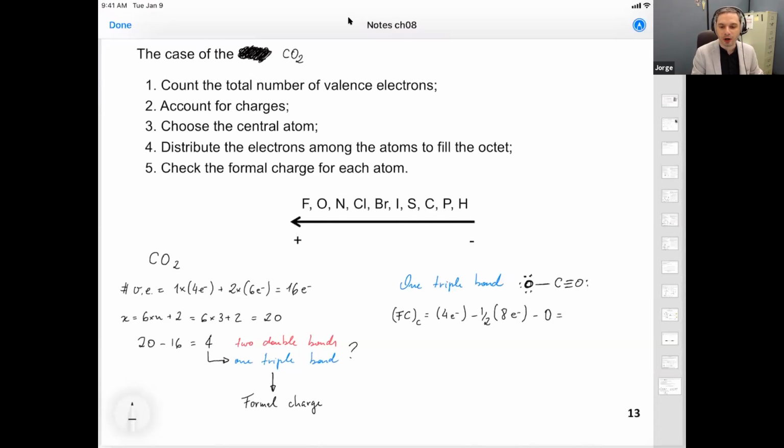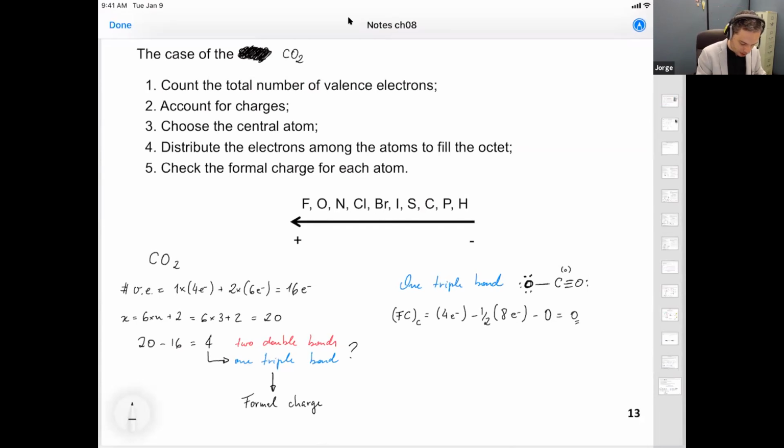Therefore, the formal charge for carbon in this structure is 0. Okay, so far, carbon is good because it has formal charge 0.